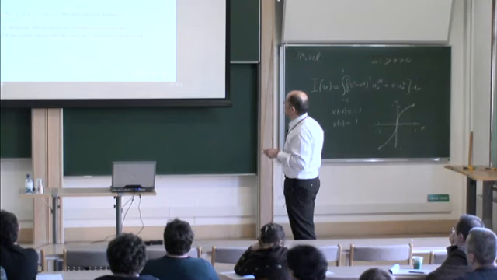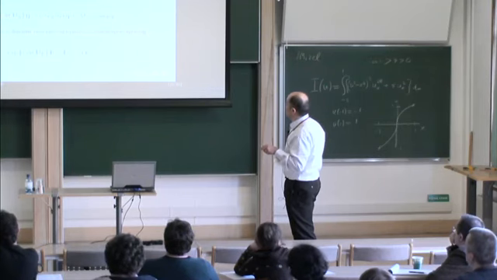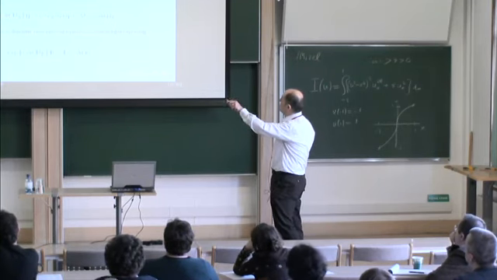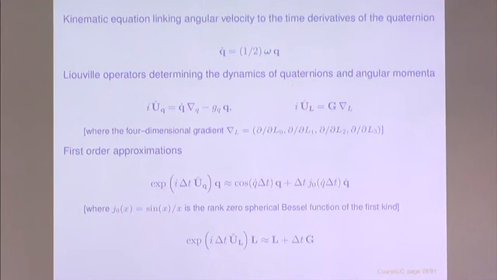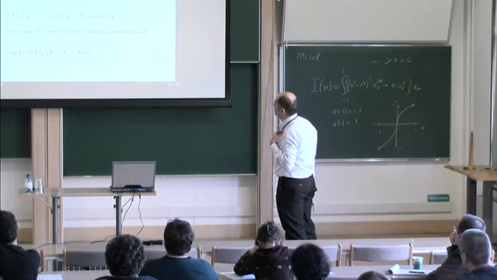Once we have it, we can combine these equations with the kinematic equation of the rotational motion that links the angular velocity of the particle with its orientation, to give the time derivative of the orientation of the particle.